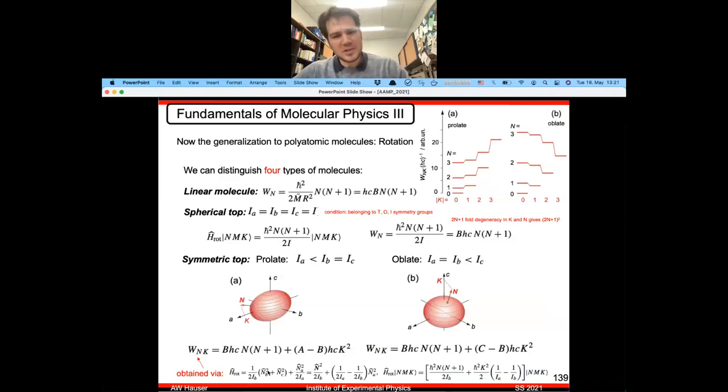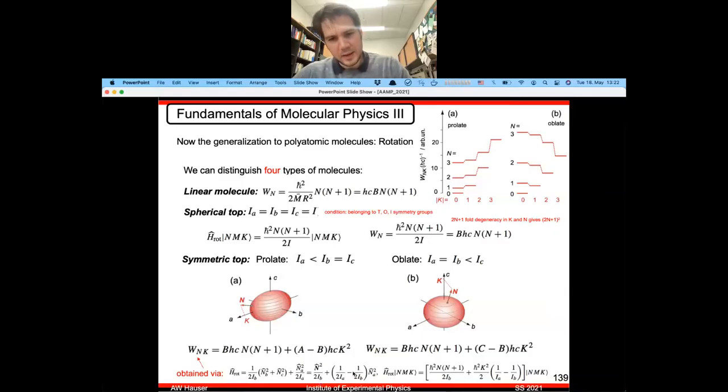And in order to simplify things, we just add na squared over 2ib to this equation, and also subtract it at the same time. So we are adding a zero basically here. We add the expression na squared over 2ib, and then we subtract it again. Why? Because then we can collect the terms na squared plus nb squared plus nc squared over 2ib, and just write it as the total angular momentum n squared over 2ib.